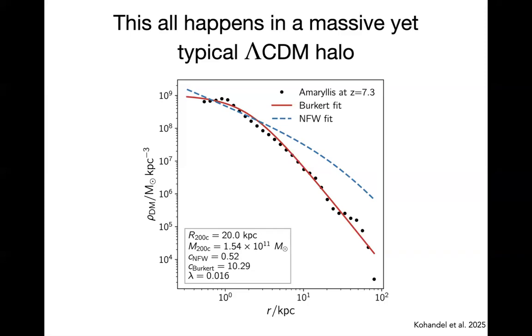And we find that lambda CDM was okay, only that what you need for this kind of situation is a cored profile, basically a Burkert profile, to have the disk of the galaxy form already at very high redshift. And then the mass of the galaxy is already there, so that we can reproduce JWST 14 or any massive galaxy that we are seeing so far.